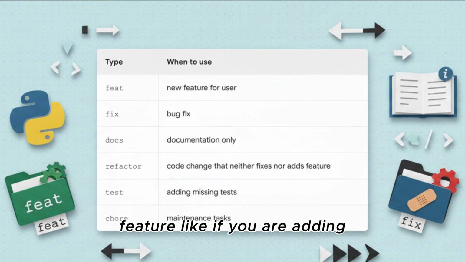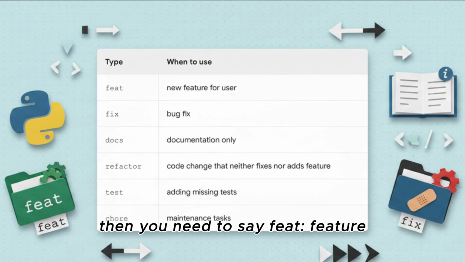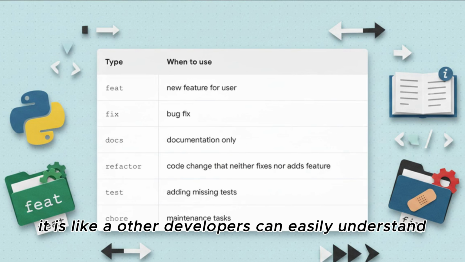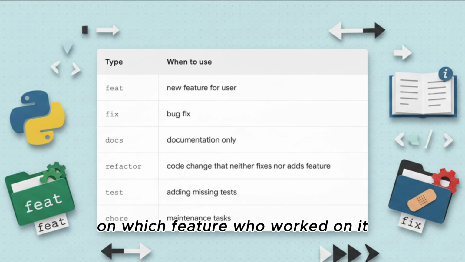If you're adding any new feature, you are working on some feature, then you need to say feat. Feature is a short term so that other developers can easily understand which feature and who worked on it.